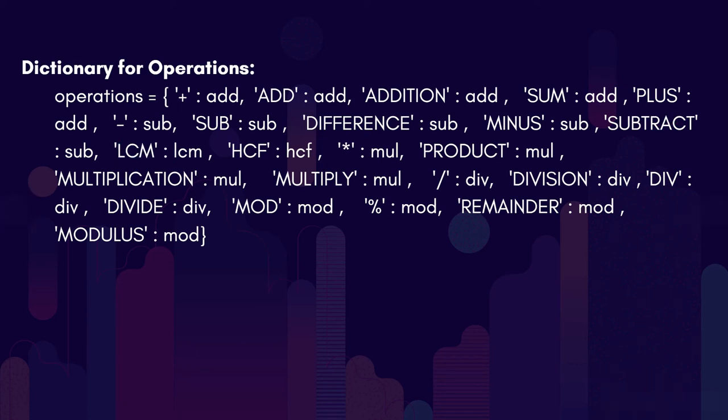And in the same way, we will give key-value pairs for LCM, HCF, multiplication, modulus, division, and yeah, that's it. After doing all of this, we will create two more functions, one for extracting the numbers from the input, and one for calculating the result. So let's see how we will do that.